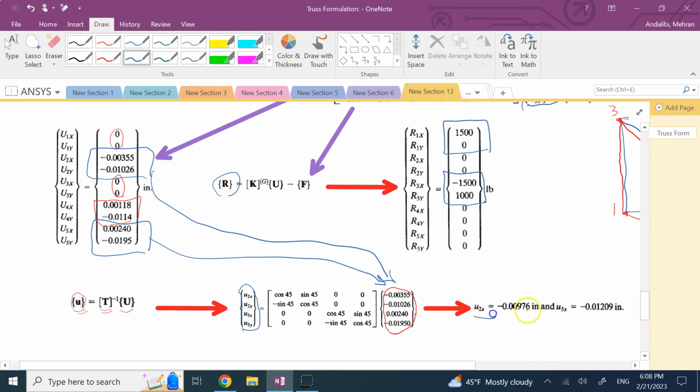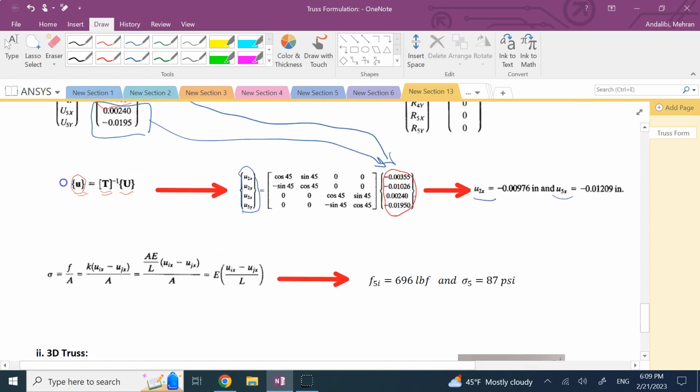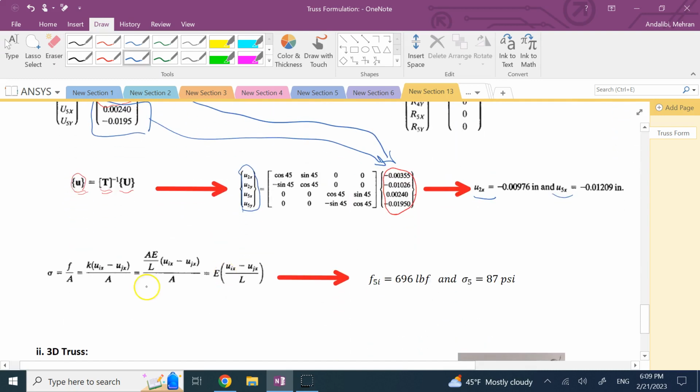How? Well, here are the axial displacements of the two end nodes. If I subtract them, it gives me the elongation of the member; divided by the initial length, that's a strain; multiplied by E, that's a stress. And that's what you can see here.